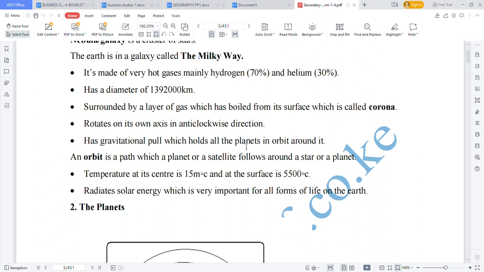What is an orbit? An orbit is a path which a planet or a satellite follows around a star or a planet.